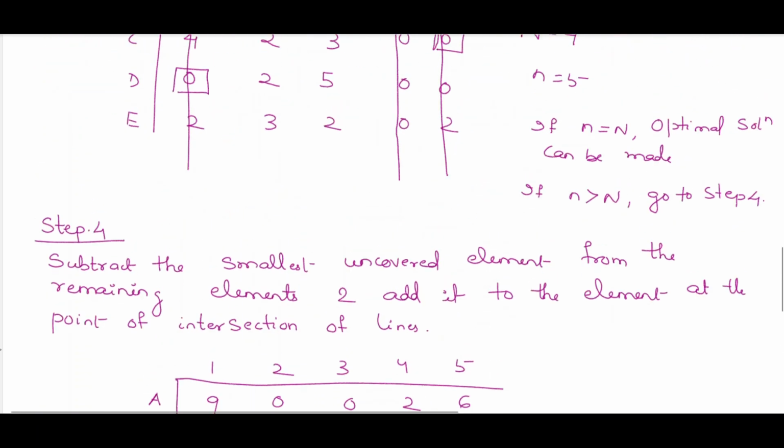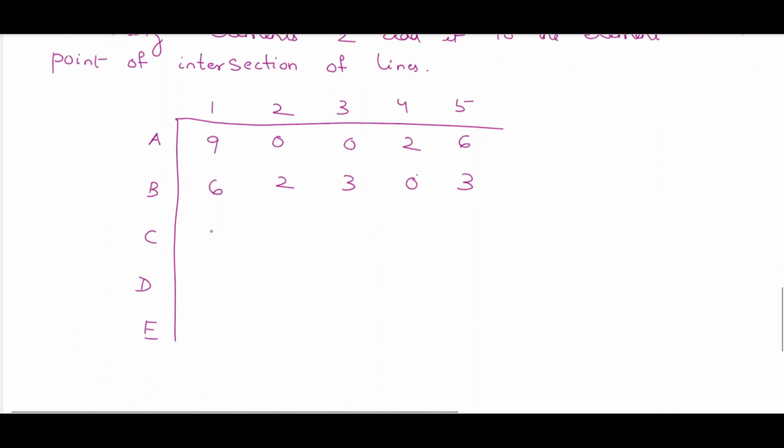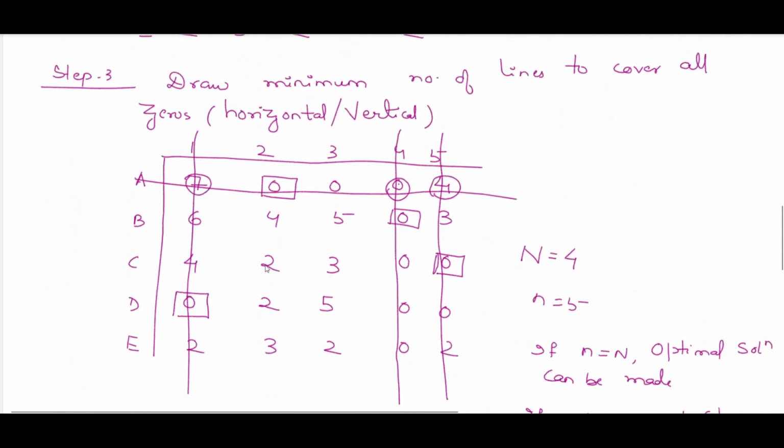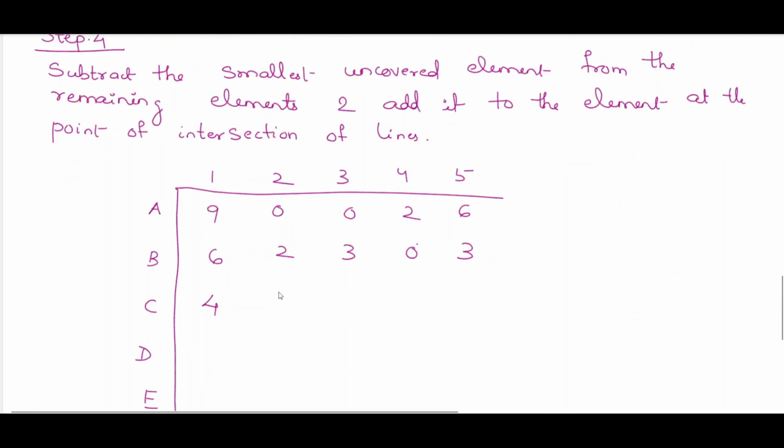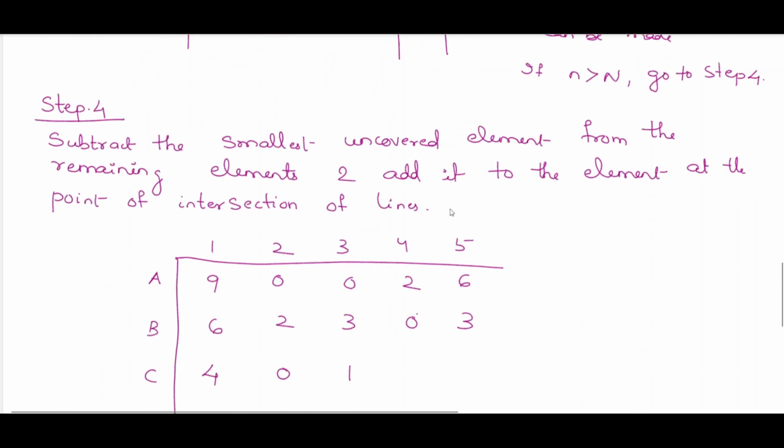Next we will go to the third row. Third row, this 4 will remain as it is. Then this 2 minus 2 is 0 and 3 minus 2 is 1. So it is 0 and 1. Then here these will be zeros.